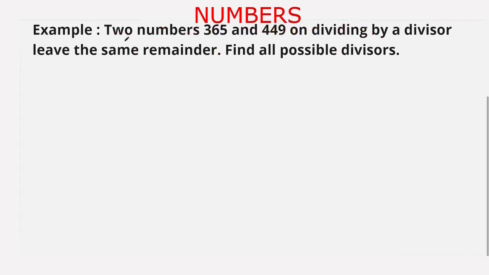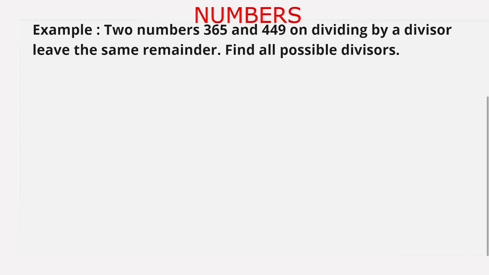The given example is: two numbers 365 and 449, on dividing by a divisor, leave the same remainder. Find all possible divisors.